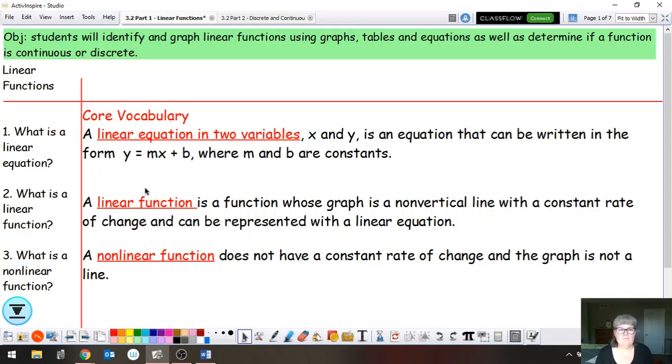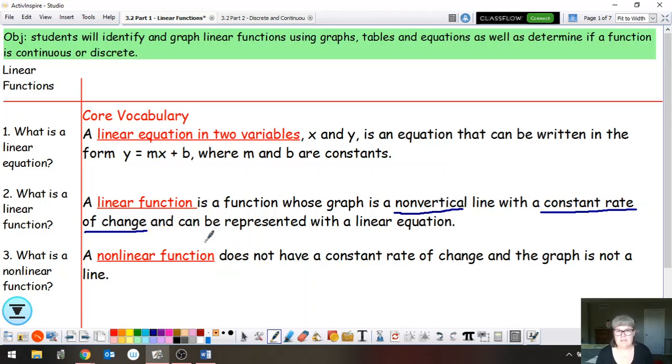A linear function is a function whose graph is a non-vertical line. Remember, a function must pass the vertical line test in order to be a function, and so a vertical line would not pass that test. That's why we include the definition of a non-vertical line with a constant rate of change.